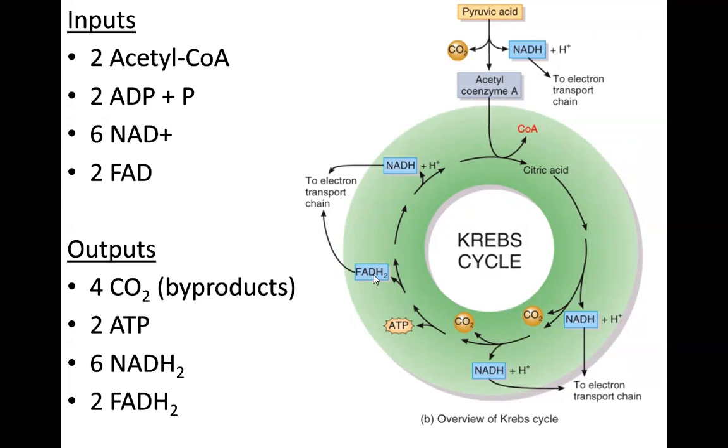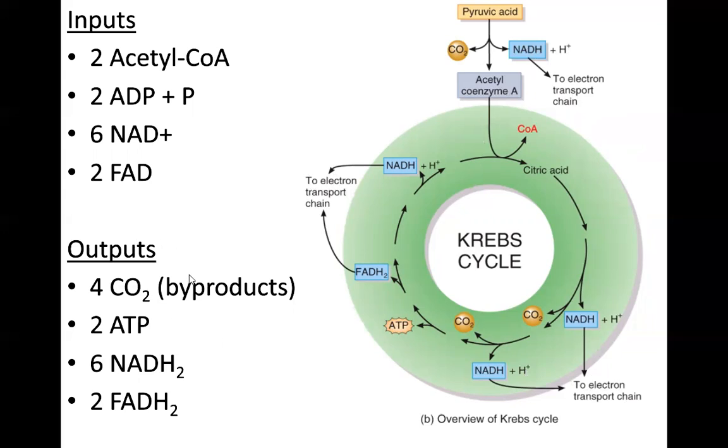We oxidize using a new coenzyme called FAD, forming FADH2. All of those electrons and hydrogens are going to get carried to the electron transport chain, just like the electrons and hydrogens that were snagged during the transition reaction and during glycolysis. We do form a total of 1 ATP per revolution, which is not a lot, but it is a little bit of energy.